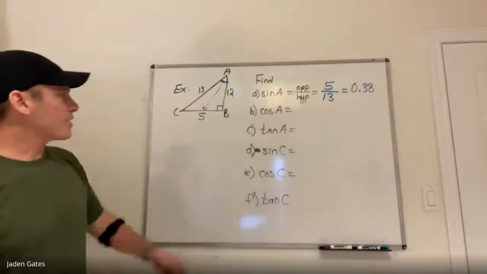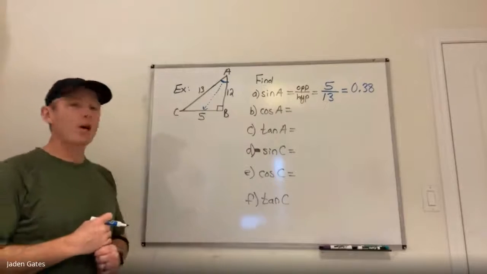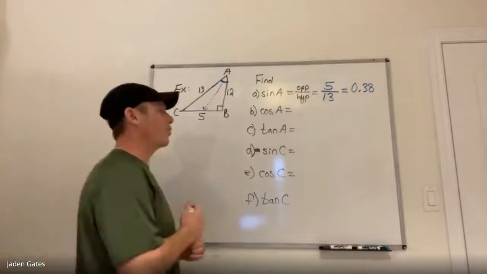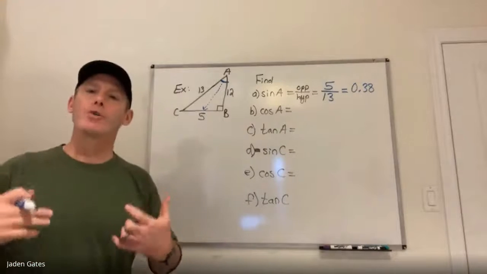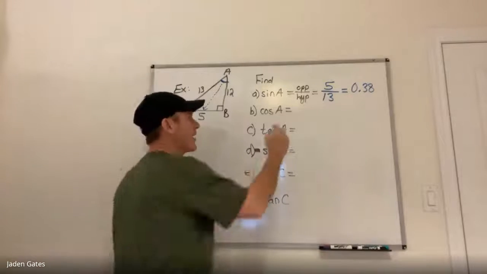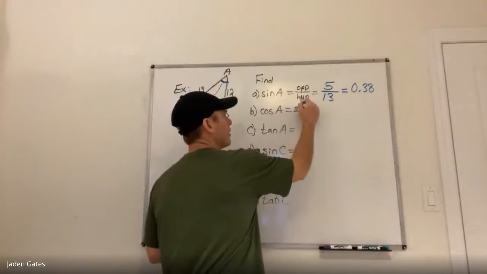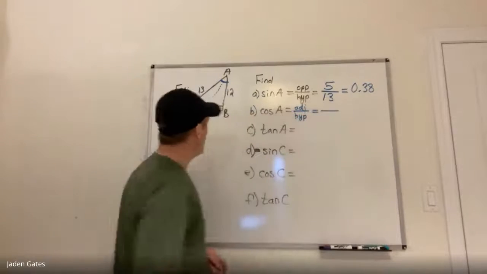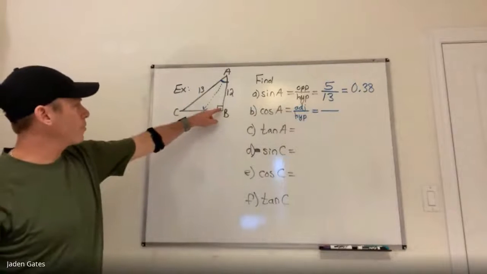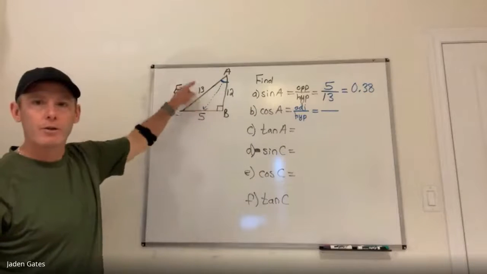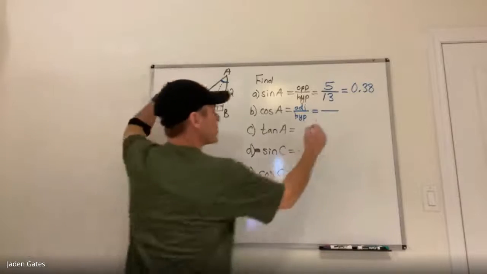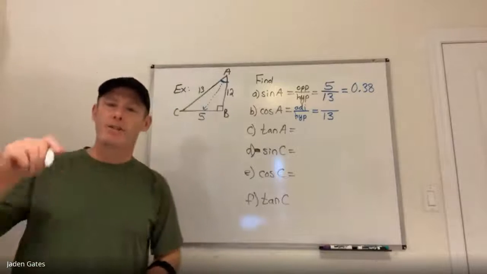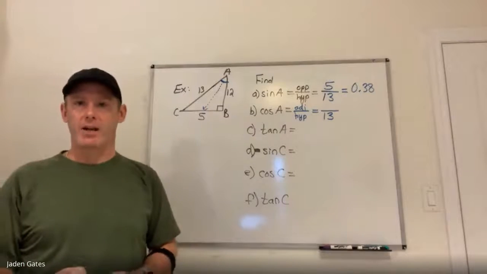All right, next up, I'm looking at cos angle A. So again, I'm looking from angle A, but I want the cos ratio. Again, that's where I use my phrase, cozy at home. At home, the adjacent divided by the hypotenuse. I already found the hypotenuse, no problem. It's always across from the right angle, so again, it's 13. Now my adjacent is the side that is beside that angle that we're looking from.